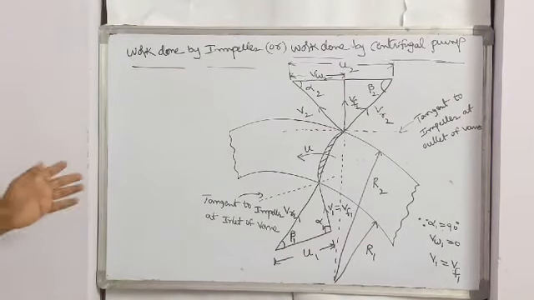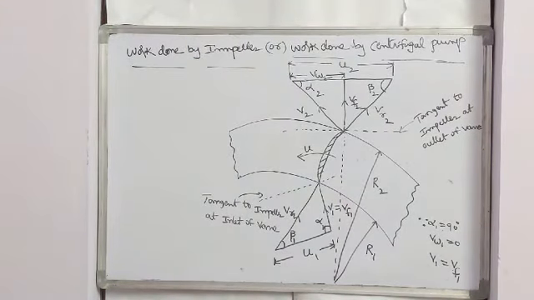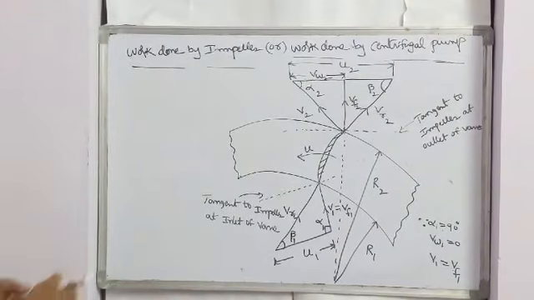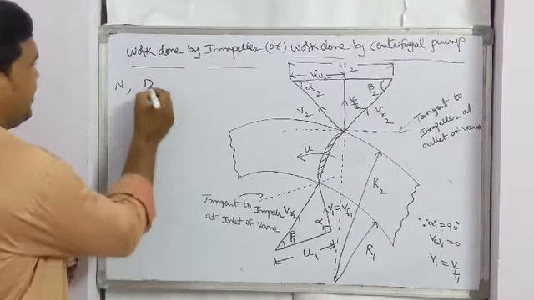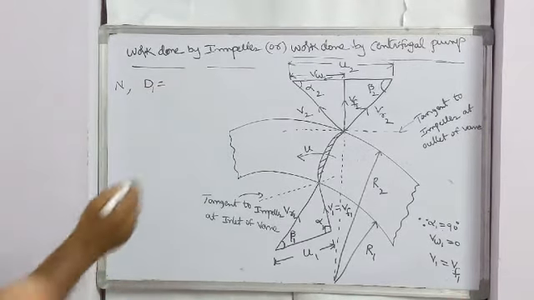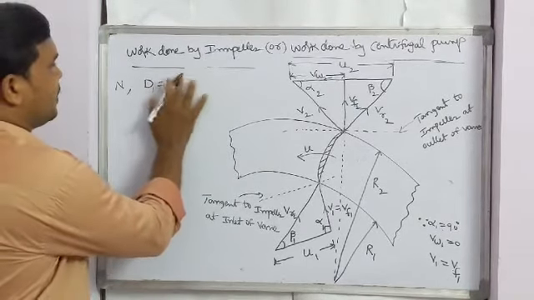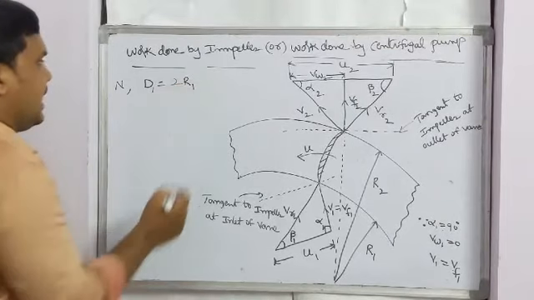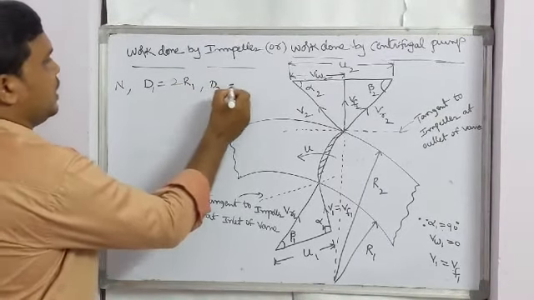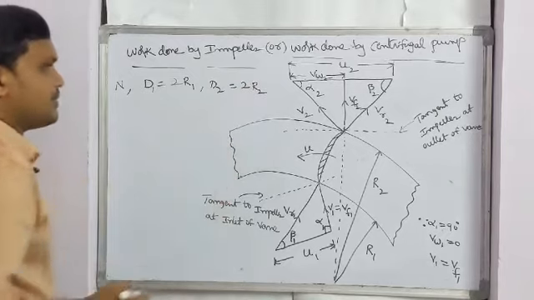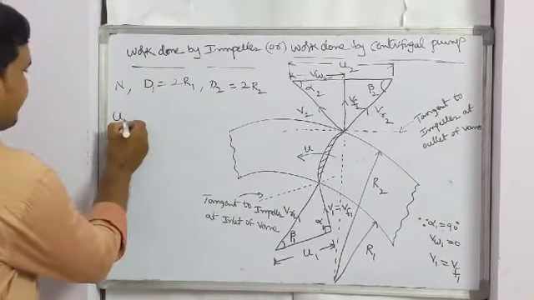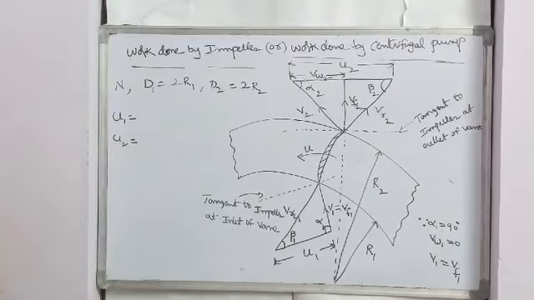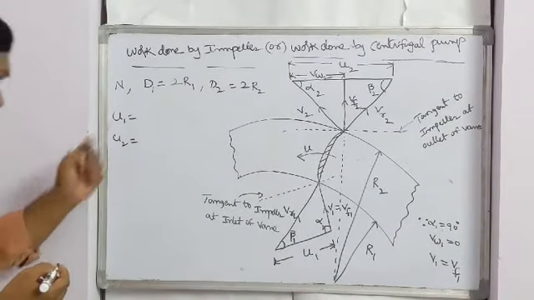Let N be the speed of the impeller in rpm, D1 the diameter of the impeller at inlet, which we call 2r1, and D2 I am taking as 2r2, that is two times the radius. U1 and U2 I will be taking as the tangential velocities of the impeller blade.